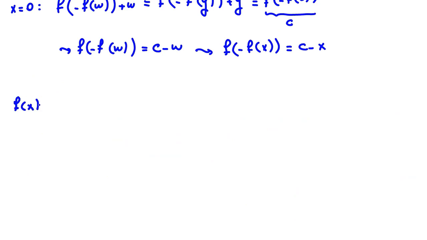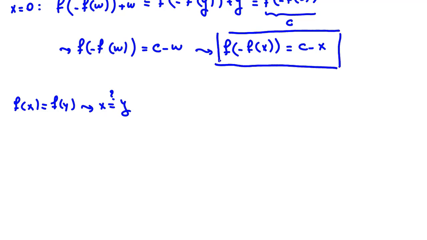Suppose f of x equal to f of y. I want to see, can we conclude x is y? Let's analyze. Because of this thing that we reached, and I call it 1, we know that f of x equal f of y. So from this part, we can say f of negative f of x also equal to f of negative f of y. Why?